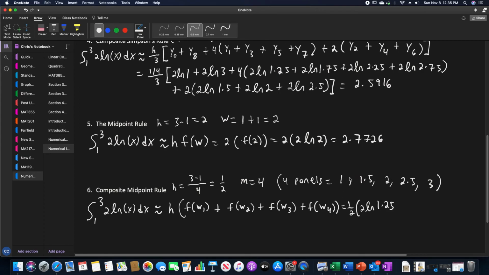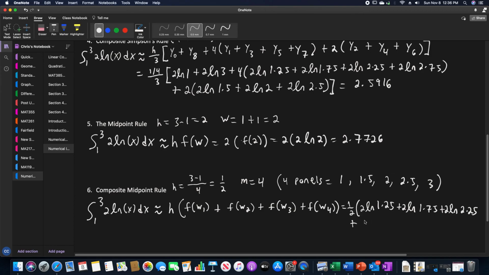So we're taking halfway between 1 and 1.5 to get 1.25 plus 2 times the natural log of halfway between 1.5 and 2, so 1.75 plus 2 times the natural log of halfway between 2 and 2.5, which was 2.25. I am running out of room, so I'll just write that down here.